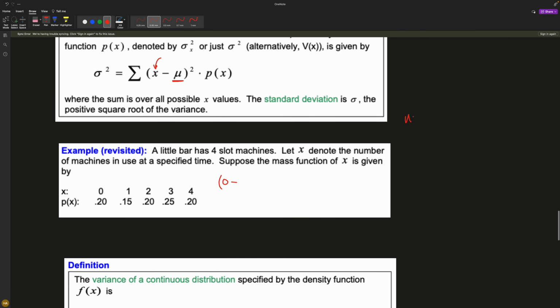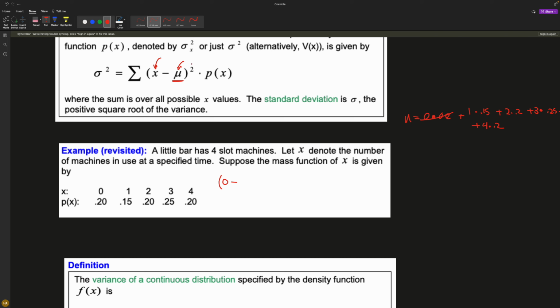Mu equals 0 times 0.20, which drops out, plus 1 times 0.15, plus 2 times 0.20, plus 3 times 0.25, plus 4 times 0.20. Whatever you get for your mu, that's what you'll use, and it'll be the same for all of them.